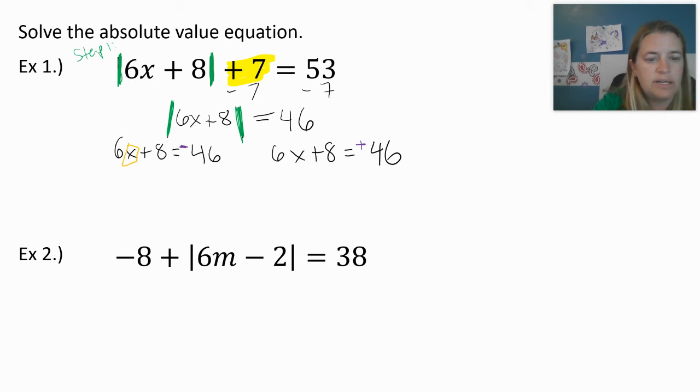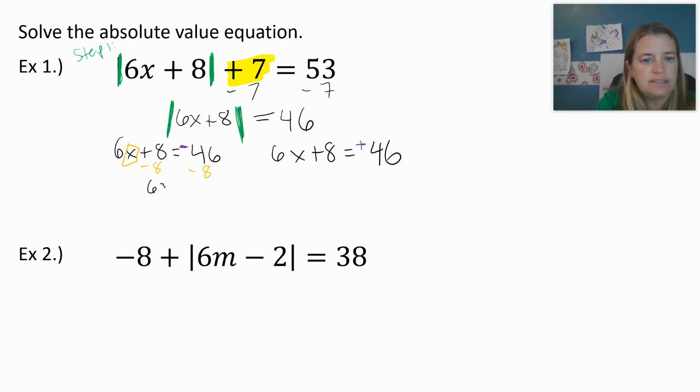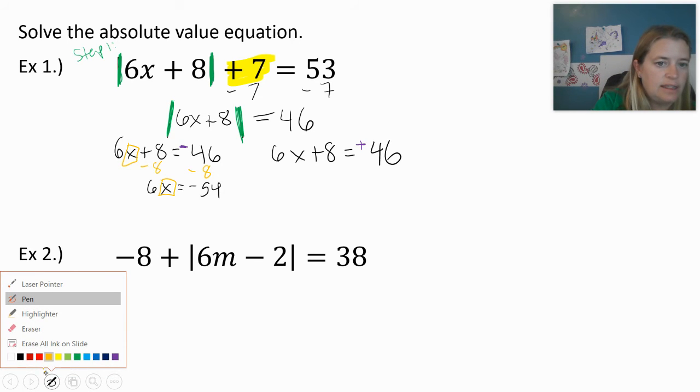We've got to get that x all by itself. So we're going to do inverse operations on the 8. We're going to subtract 8 from each side. So we're going to have 6x equals -54. We've got to get this x by itself.